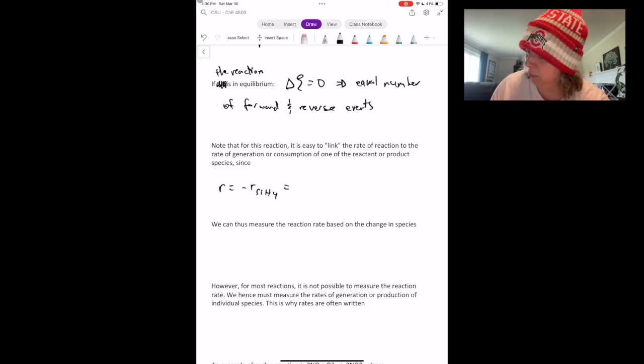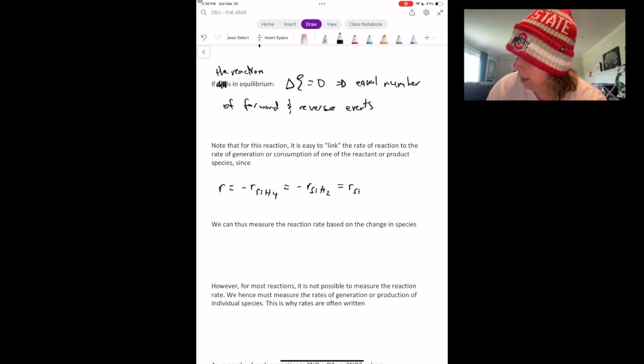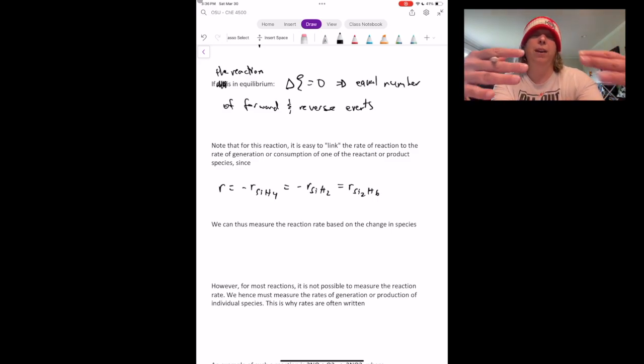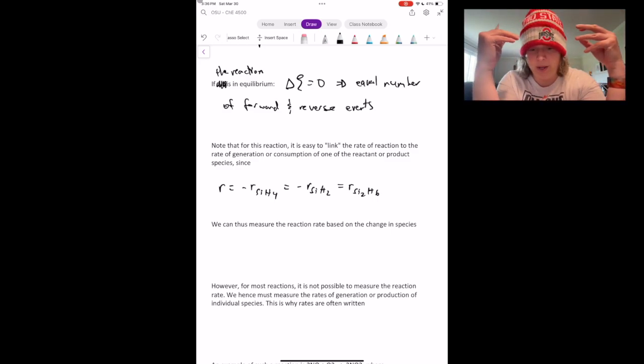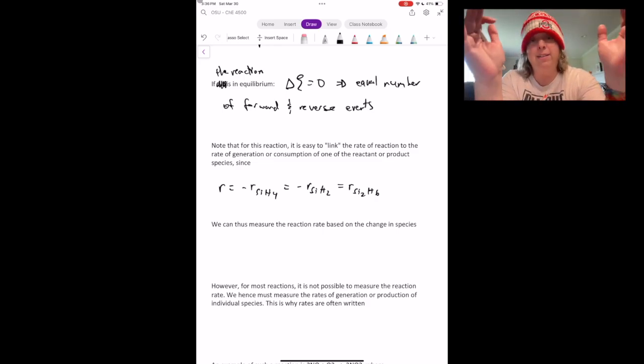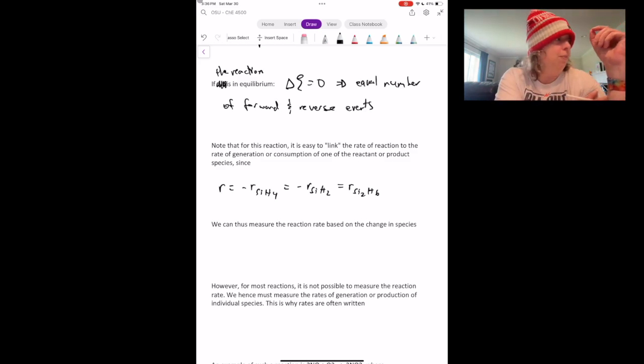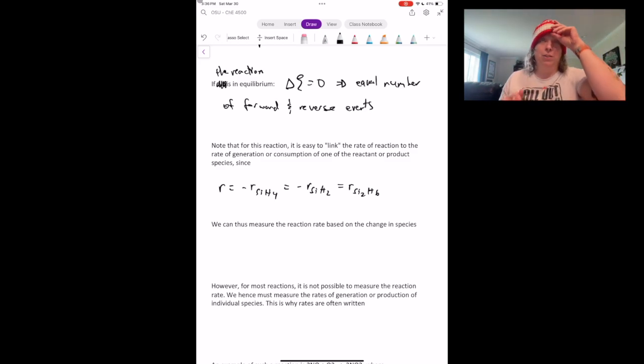It's going to be equal to the rate of consumption of the SiH2 species, and it's going to be equal to the rate of generation of the Si2H6 species. That's because that's all that's going on in this reaction, right? Those two species are combining, so SiH4 and SiH2 are combining to form Si2H6. That's all there is to the reaction. And then furthermore, the stoichiometric coefficients on all species are equal to 1.